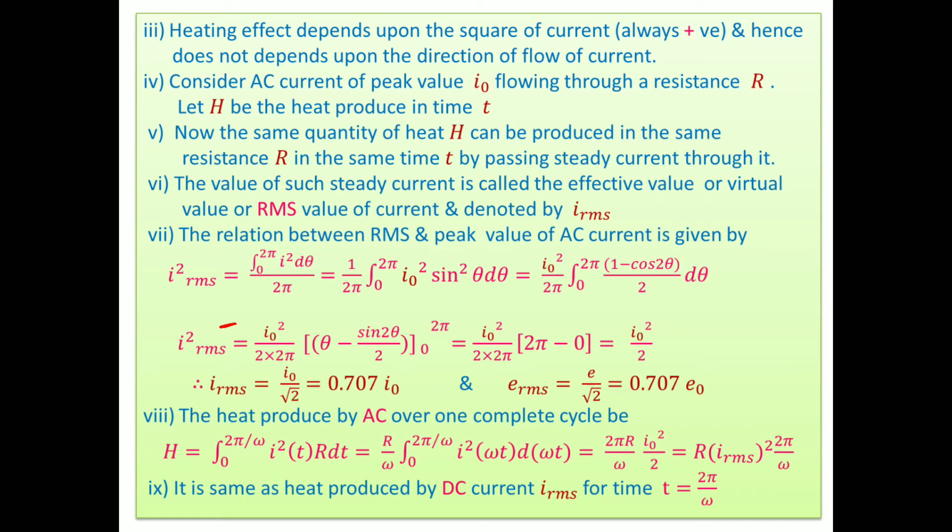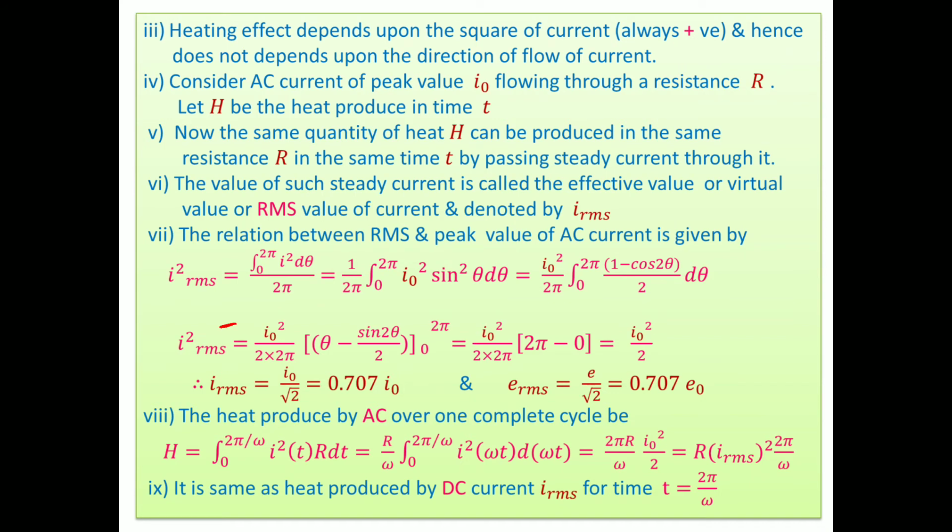So I RMS equals, taking the square root, I naught upon root 2. 1 upon root 2, the reciprocal of root 2, is 0.707. Thereafter you get I RMS equal to 0.707 I naught, or you can take I naught upon root 2 also. And similarly we can calculate E RMS equal to E naught upon root 2, equal to 0.707 E naught.